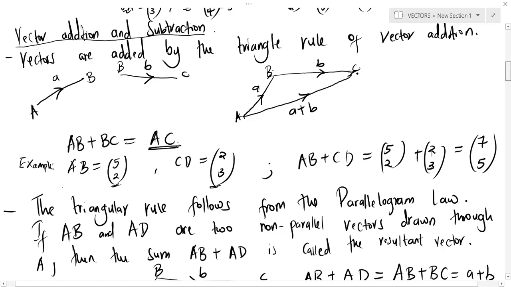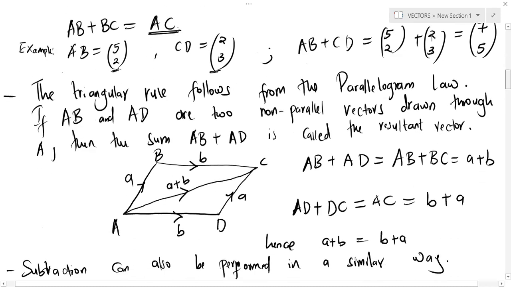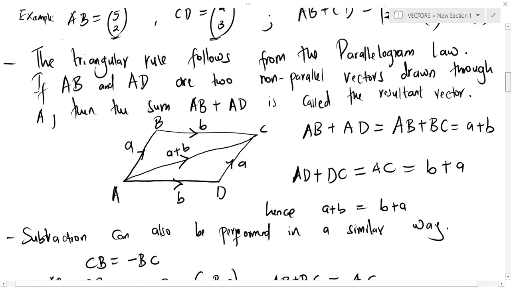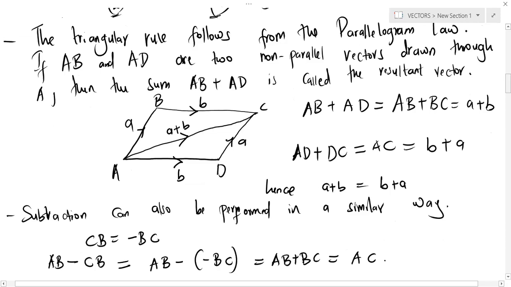Now, the triangular rule follows from the parallelogram law. Let's say AB and AD are two non-parallel vectors, AB being equal to a, AD being equal to b, both drawn through A, as we can see.